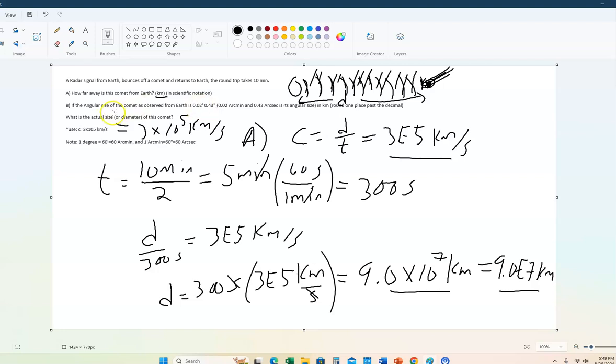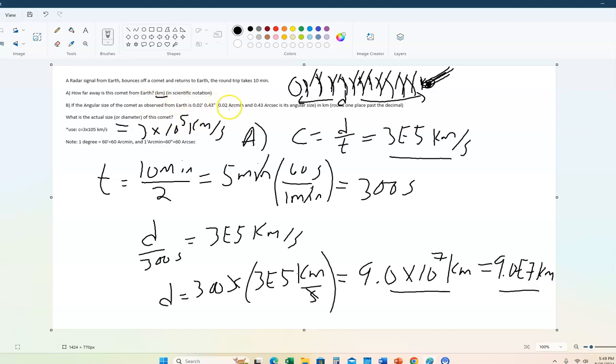I want everybody to understand what is the actual size or diameter of this comet. We have an equation for that, but you have to know the distance to the comet, and we know that now. In kilometers, it's 9 times 10 to the 7th. You also need to know this angle.